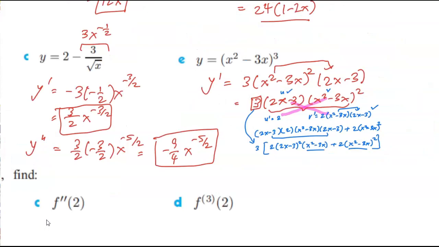One more easy thing we could do is factor out a common factor here. We could also factor out this 2. So on the outside, we'd have 3 times 2, and then we'd have our x squared minus 3x. What would we have left here? We would have 2x minus 3 squared.